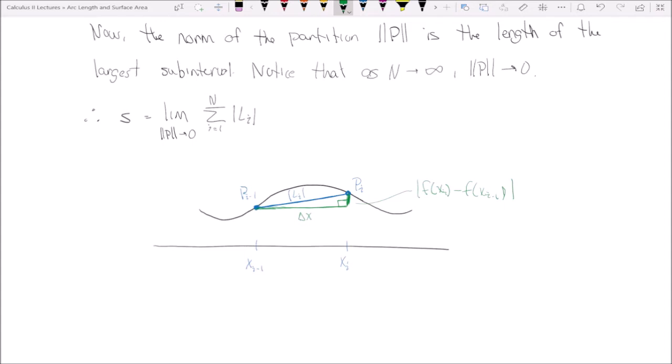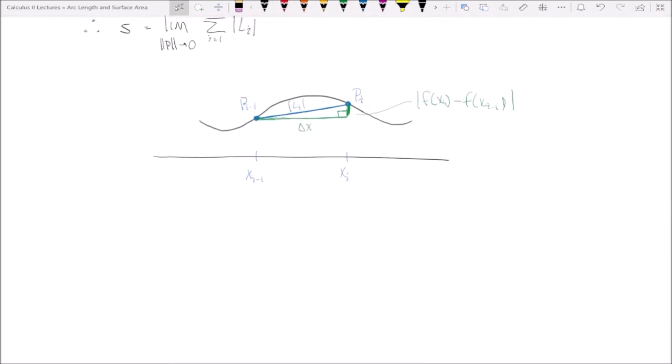Well, notice now, like I said, we have a right triangle. The length of the line segment L sub I is the hypotenuse. So by the Pythagorean theorem, the length of L sub I squared is equal to delta x sub I squared plus the absolute value of f of x sub I minus f of x sub I minus 1, squared.